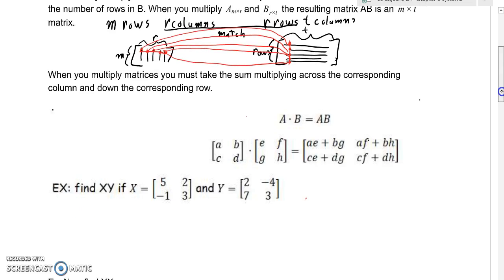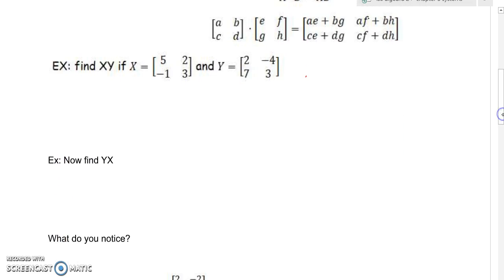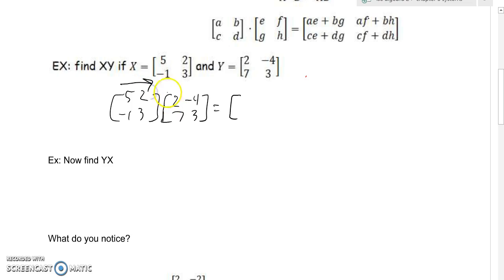So let's just try it here a little bit. Let's multiply x times y here. So we want [5, 2; -1, 3] multiplied by [2, -4; 7, 3]. So we're going across this one and down that one. 5 times 2 is 10, plus 2 times 7 is 14.